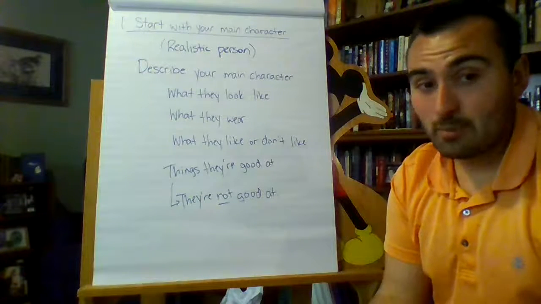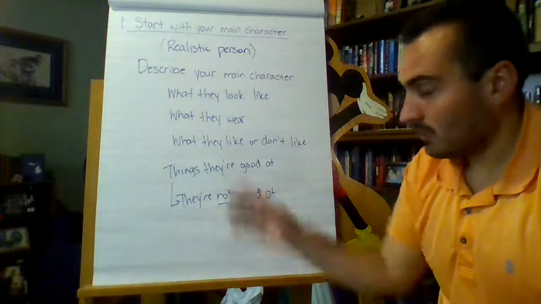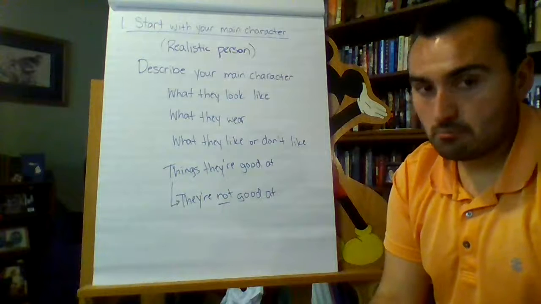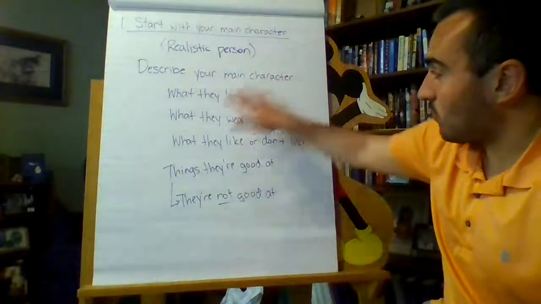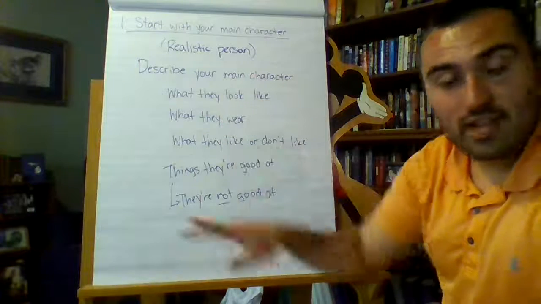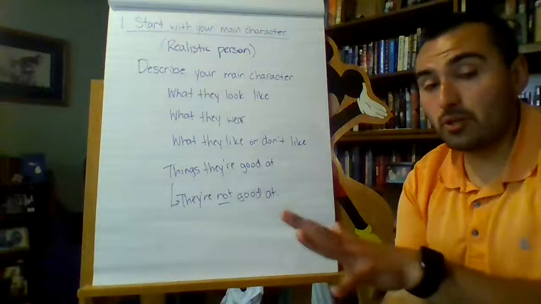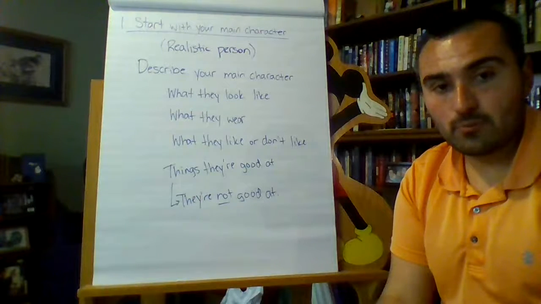If you want to make it about yourself, like let's say I want my main character to be Mr. Freshour, and so I'm describing some things about myself, and that's how I'm going to be able to solve some crime. So you can put yourself in the story, or you can create someone new.